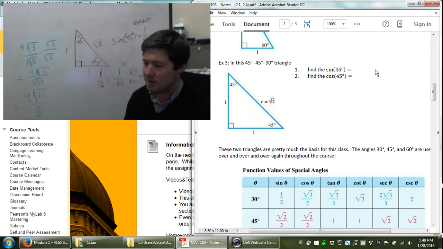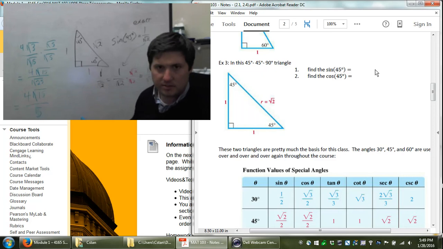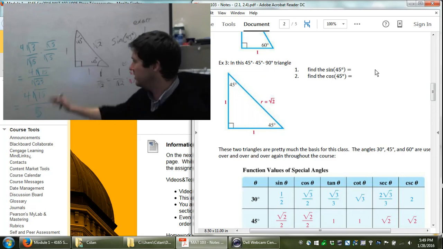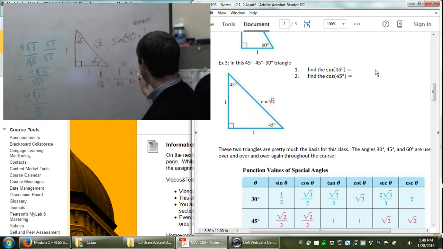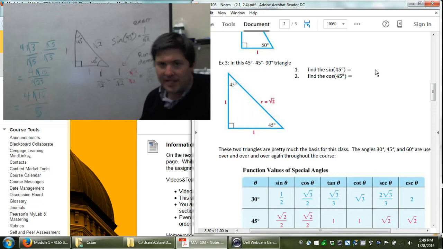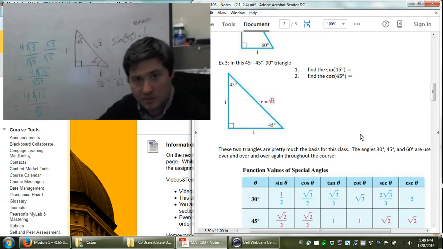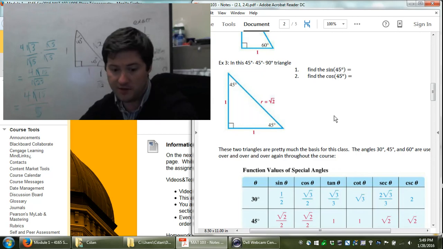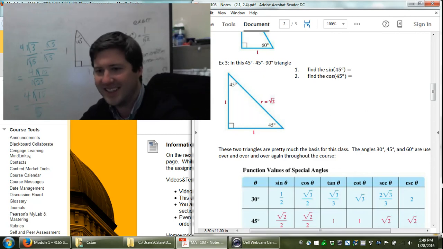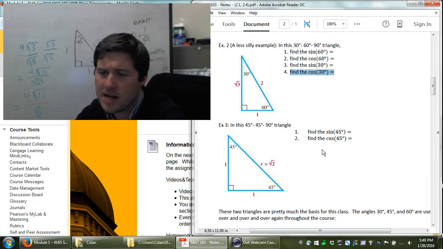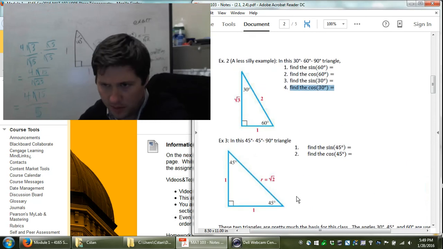So another example would be, say, I'll do a different example. I'll come over here where there's a little more room. So let's say I had 4 square root of 3 over 5.